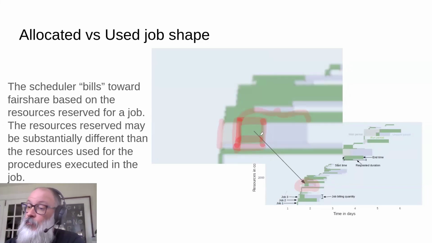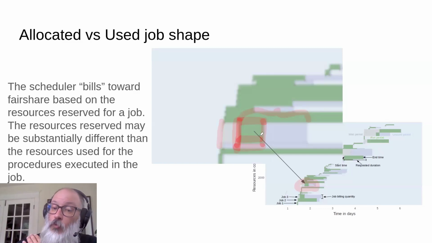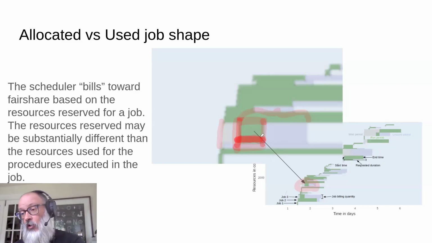In that case, if this job had requested only the 20 gigs, not only would it have been able to fit into smaller memory gaps on the cluster, but it would only be billed a fifth of the resources towards the account's fair share. So understanding the memory consumption of a process is very important.